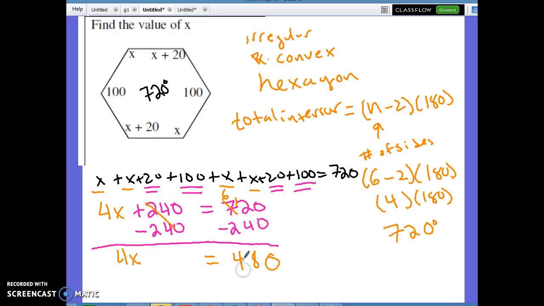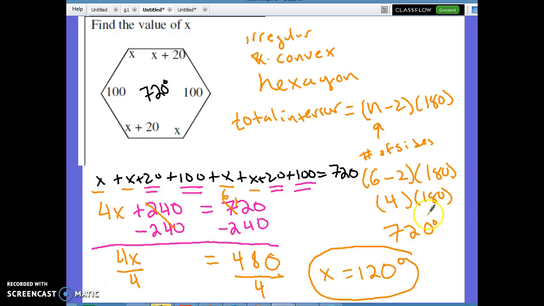So we get 480. Now, we still need to get x by itself. To isolate it, we divide by 4. Divide by 4. So we get x equals 120 degrees.